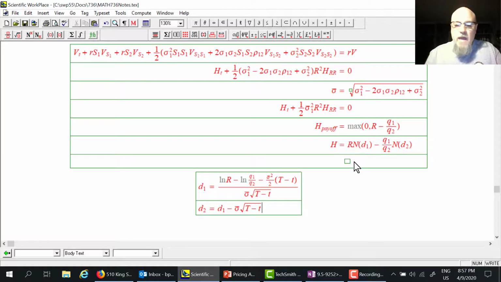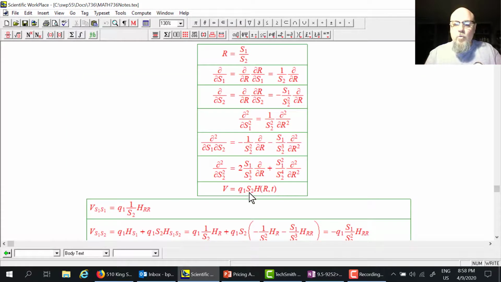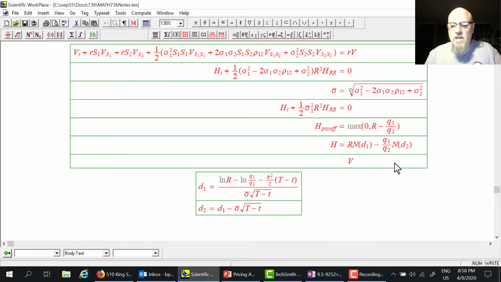And once we get the H, okay, remember, once we get the H, our V that we really wanted to get is all the way up here, Q1S2H. So the exchange option price is times H, so that's going to be equal to, when I multiply it by this H here.